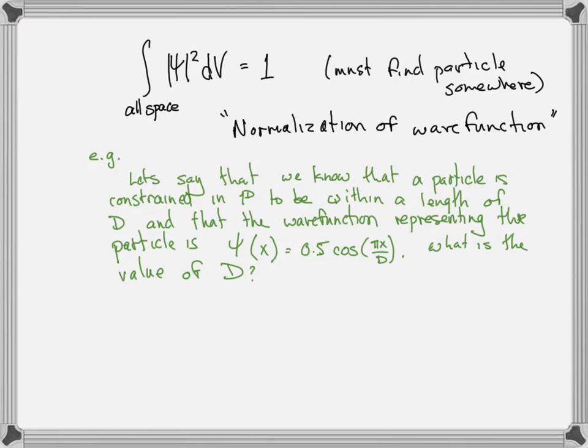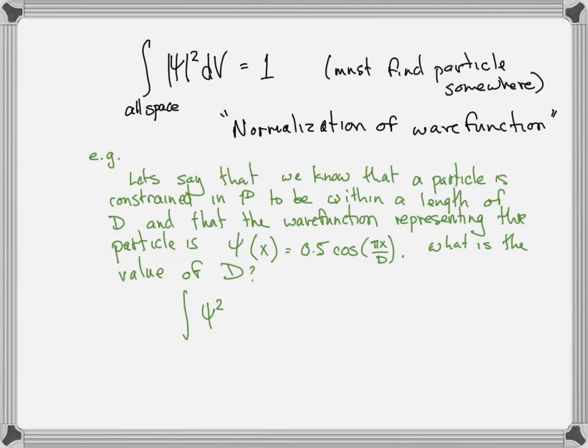But we're sort of going backwards. We're saying we know the wave function. Let's use the normalization condition in order to determine how much it's localized. It's not how much it's localized, but the fact that we have constrained it to be within a length of d. What is d?